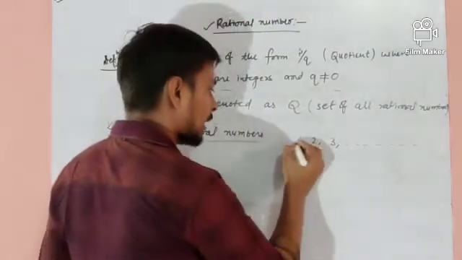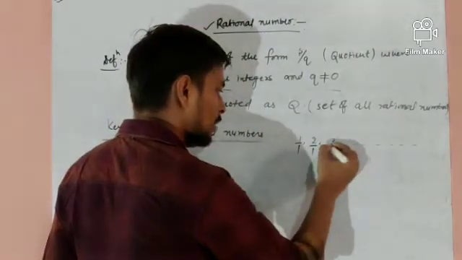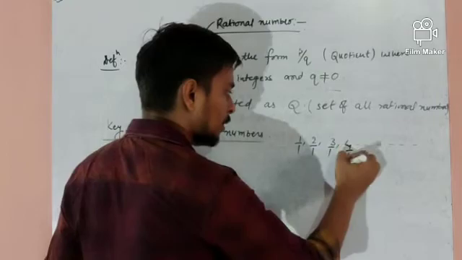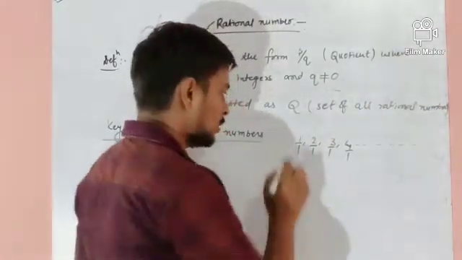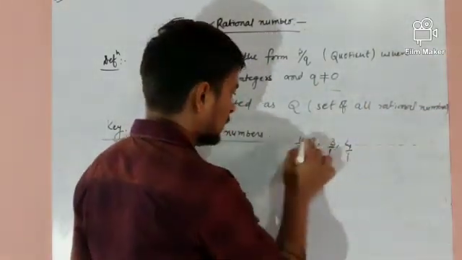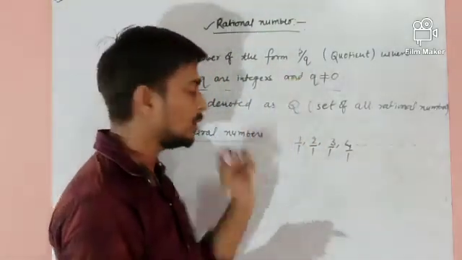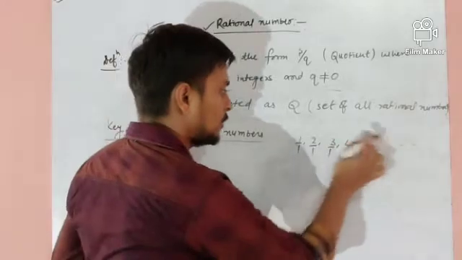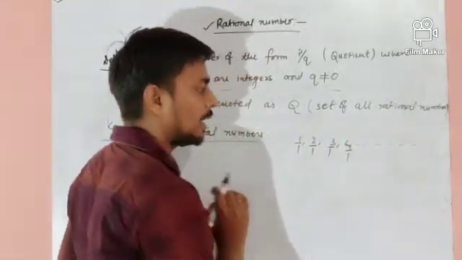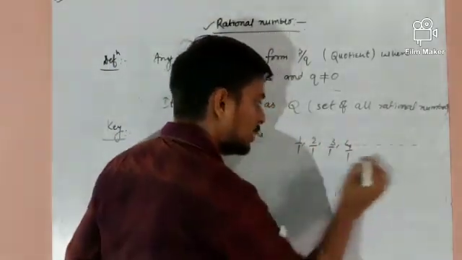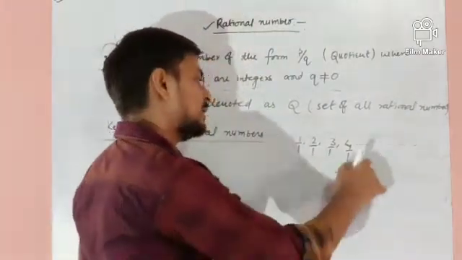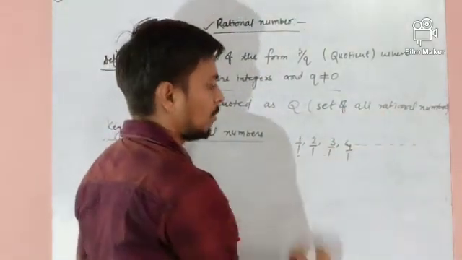All of them can be written easily as 2 upon 1, 3 upon 1, 4 upon 1, and so on. So now these natural numbers are converted into p upon q form. All the numerators are integers, the denominator is 1, which is also an integer, and 1 is not equal to 0.